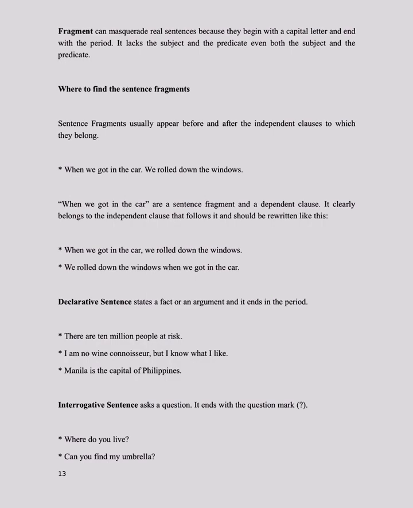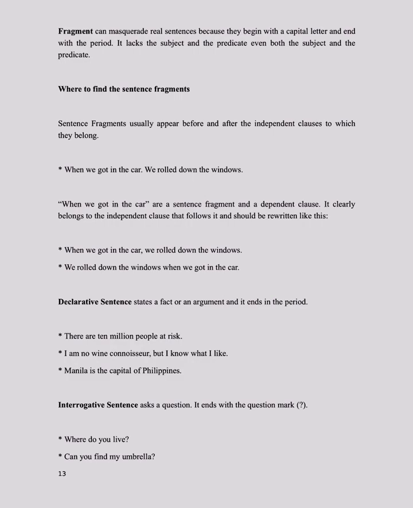Where to find sentence fragments? Sentence fragments usually appear before or after the independent clauses to which they belong. "When we got in the car, we rolled down the windows." "When we got in the car" is a sentence fragment and a dependent clause.